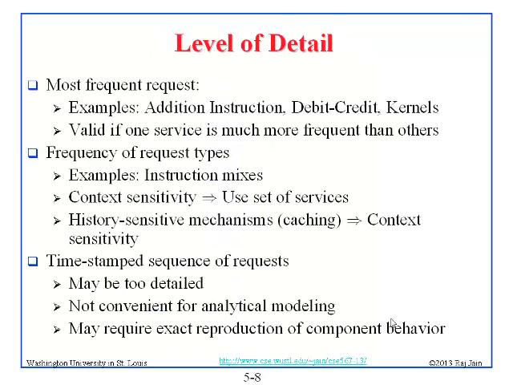Okay, so much about the services. The next issue that decides the workload is the level of detail. How detailed the workload should be. If you don't want to go into too much detail, then you take the most frequent stuff, the one thing that is most common. So for example, in the case of CPUs, the add instruction was selected.